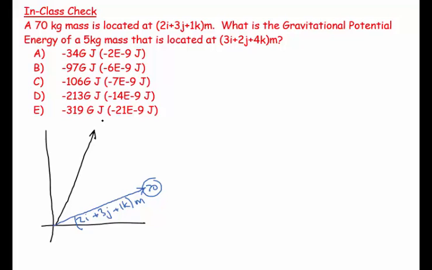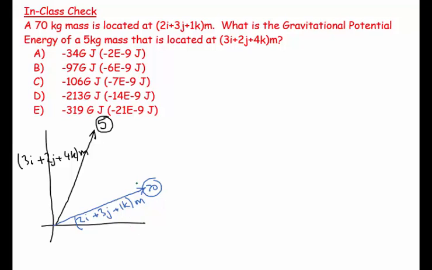I'm not trying to draw these with anything other than symbolically, schematically. I have no idea what arrow to draw for this. I'm just drawing an arrow, but it's helping me visualize. And this would be 3i plus 2j plus 4k meters.